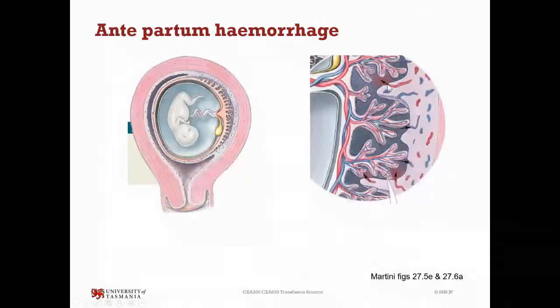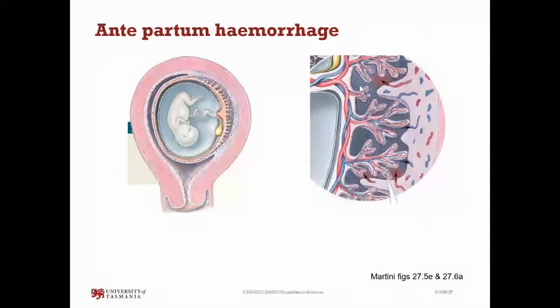And so blood actually enters into the spaces between the chorionic villi, so into these dark blue spaces here that surround the chorionic villi, and so nutrients and gases diffuse from the maternal blood into the placenta, into the fetal blood system, and then metabolic byproducts diffuse in the other direction.